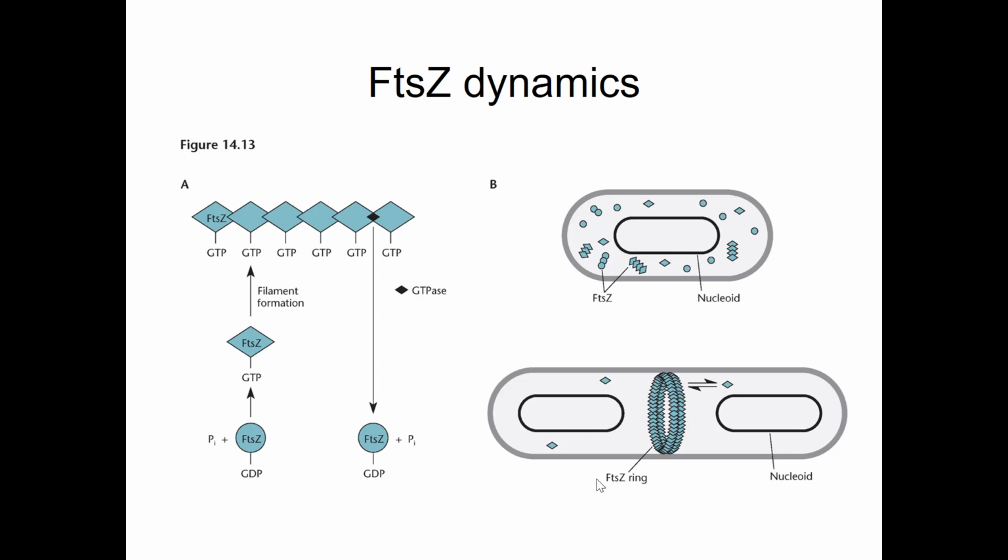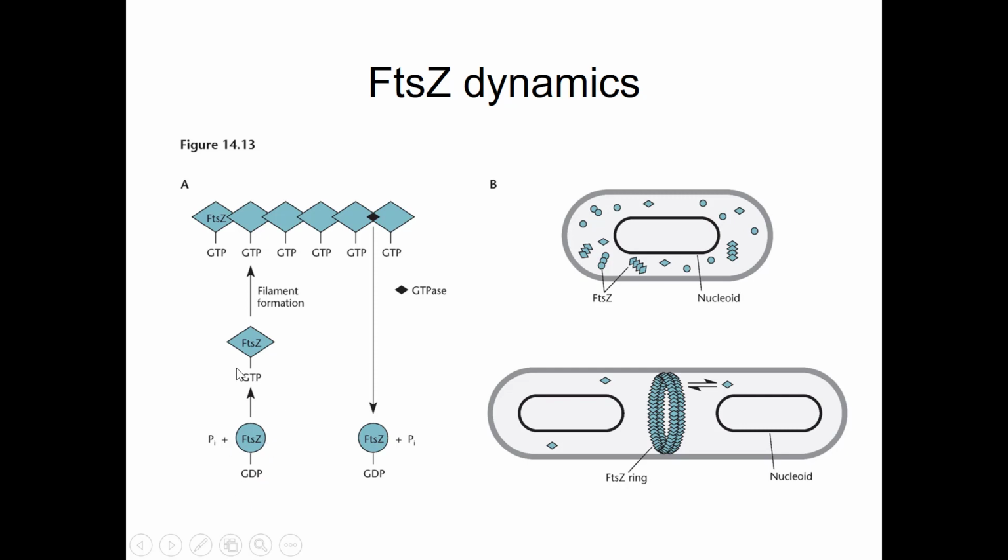Okay, so how does FtsZ work? It's a GTP binding protein. So in the GTP bound state, it can form a filament. So here you can see FtsZ bound to GDP, or the diphosphate form.